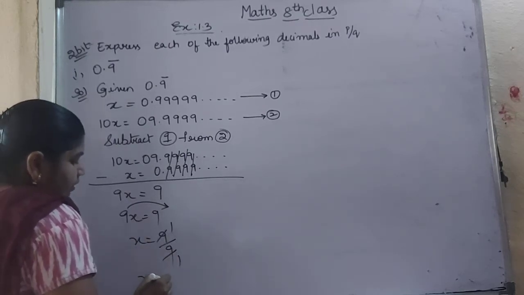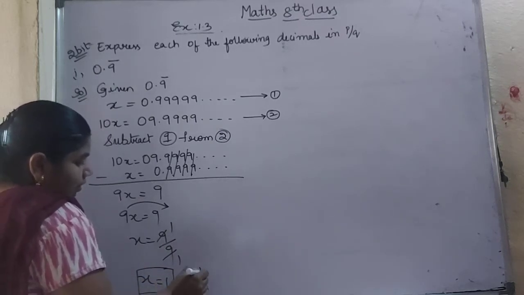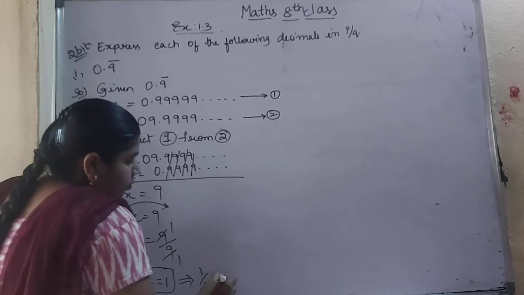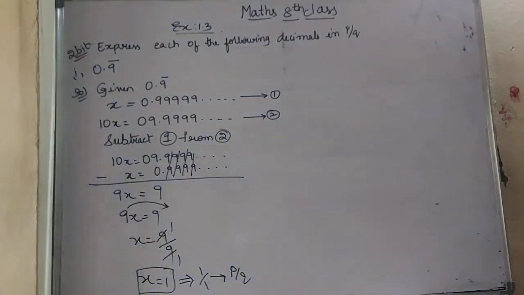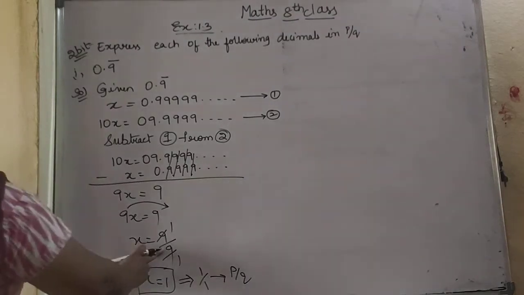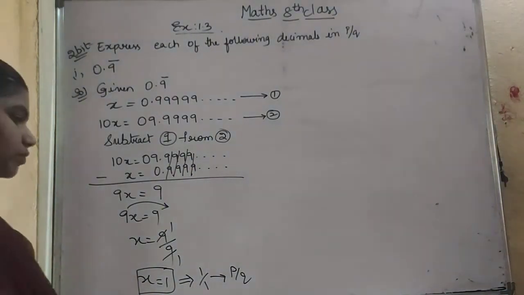So what is the x value? 1. We can write 1 in the form of 1 by 1, which is in p by q form. You can also stop at 9 by 9, which is also in the form of p by q. So this is our first one.